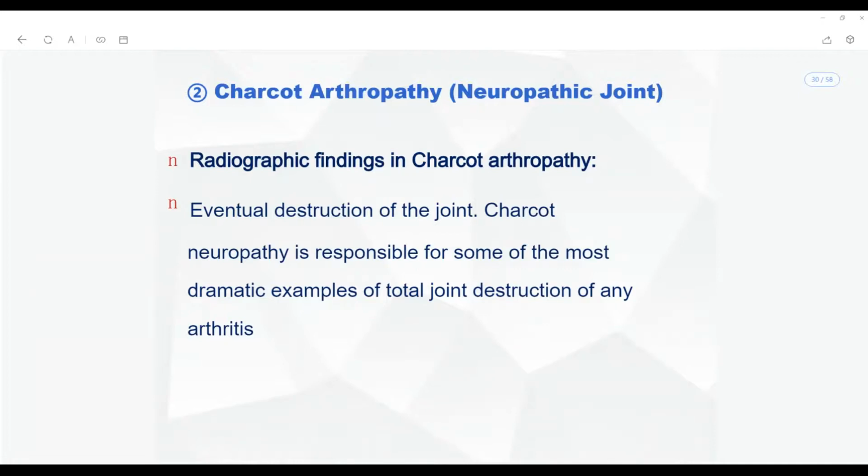We call it neural syphilis, whose causative organism is Treponema pallidum, while leprosy is caused by Mycobacterium leprae, an acid-fast bacillus. Leprosy and syphilis are the ones that form Charcot joints.